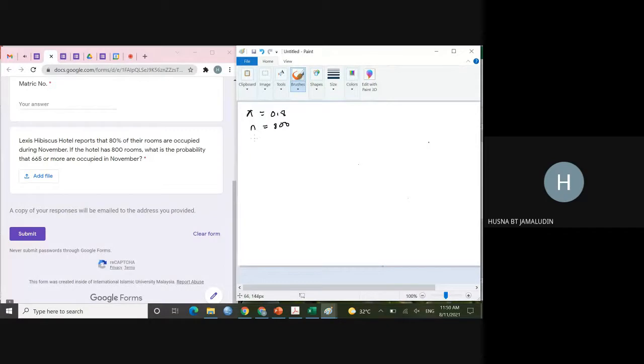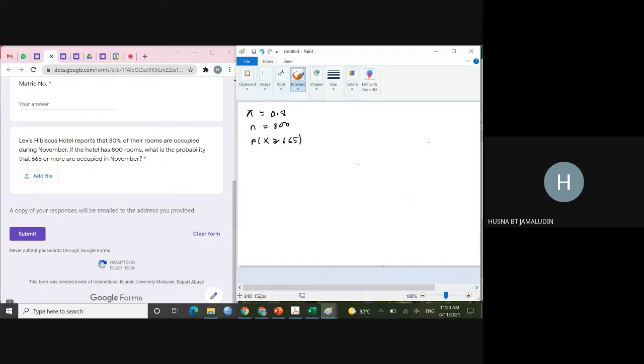The question asks the probability that X is 665 or more. Instead of writing it that way, you can just write 665 and X should be more, meaning X equals 665 or even more. So the question asks about this.